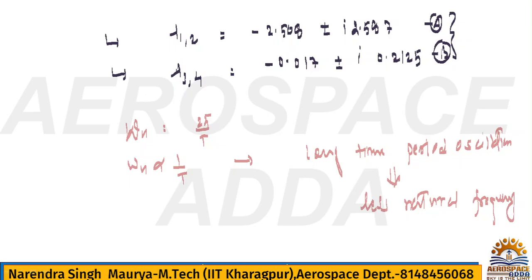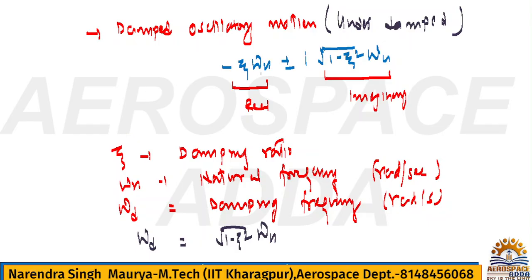Take any one, like this value, the first one. So this is the real part and this is the imaginary part. And obviously here also this is the real part and this is the imaginary part. So check your standard equation from here: minus xi omega n plus minus j root 1 minus xi square omega n.